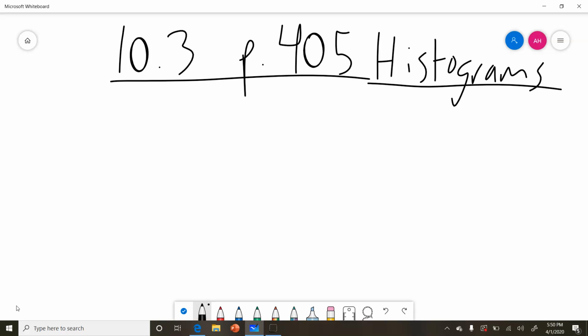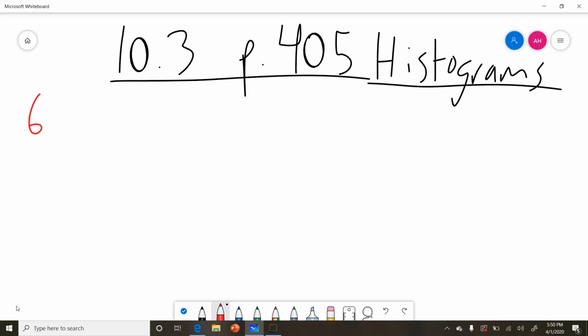So what they'll give us is some numbers. For example, let's say that they give us this group of numbers. This is not going to be one of the homework problems, but it's going to be similar.